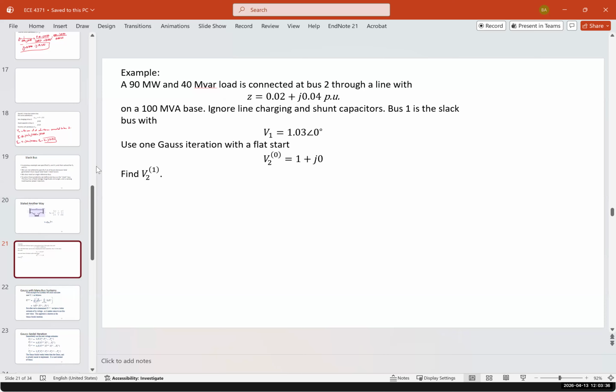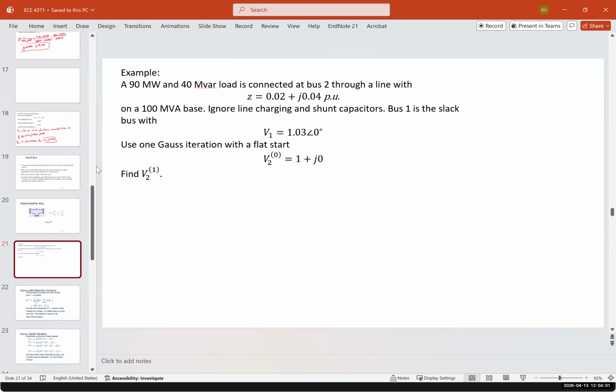Now, next example. A 90 megawatt, 40 megavolt amp reactive load is connected at bus 2 through a line with Z equal to 0.02 plus j0.04 per unit on a 100 megavolt amp base. Ignore line charging and shunt capacitor.